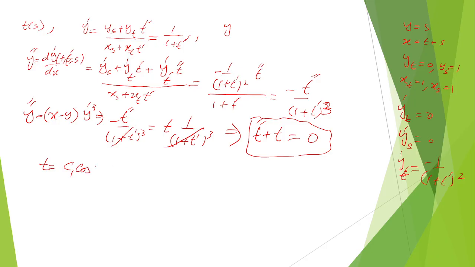The solution of this differential equation is t is equal to C1 cos S plus C2 sin S, and putting in this information of x and y, we have t is equal to x minus y, and s is equal to y.